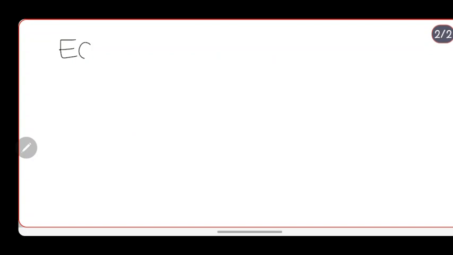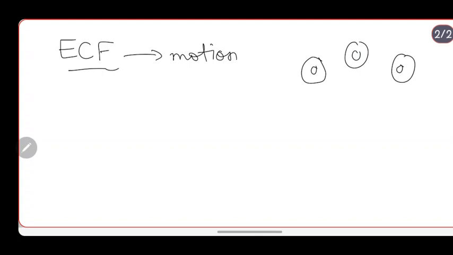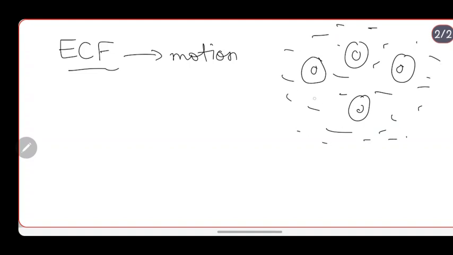Extracellular fluid in our body is constant and is similar in all places in the body because it is continually in motion throughout the body. We can try to understand it in this way: there are cells all through our body, and these cells are surrounded by the extracellular fluid.